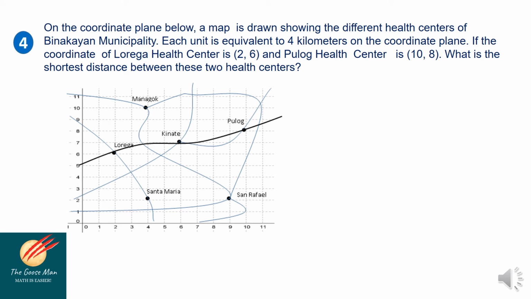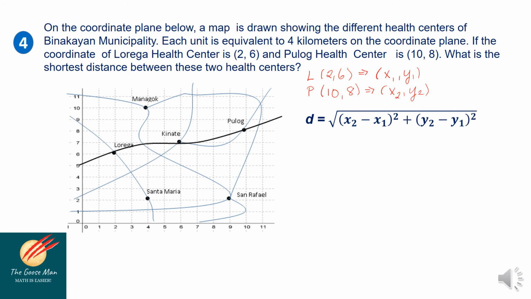Now, let L be the coordinates of Lorega Health Center at (2, 6). If we use this one as our x sub 1, comma y sub 1, then x sub 1 is equal to 2, y sub 1 is equal to 6. Next, for Pulog, we have (10, 8). If we use this one as our x sub 2, y sub 2, then x sub 2 is equal to 10, y sub 2 is equal to 8.